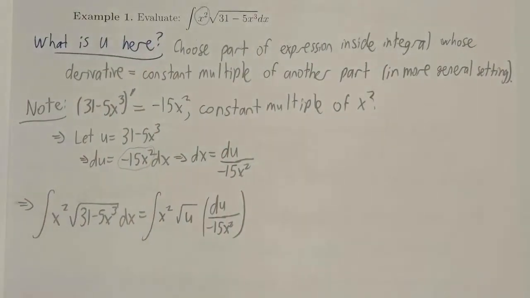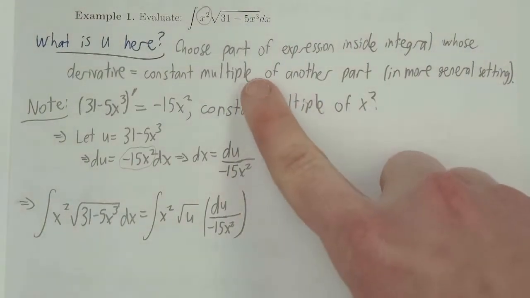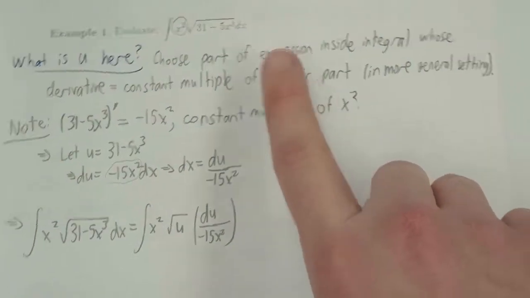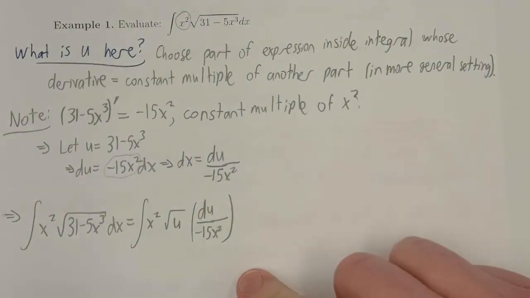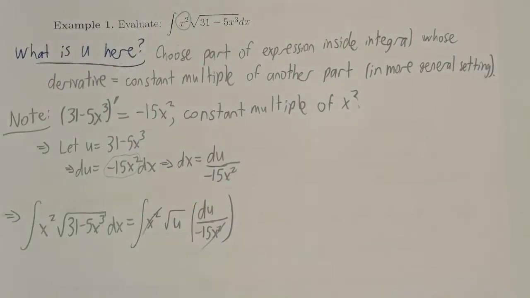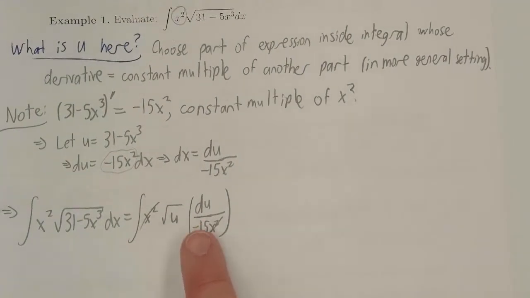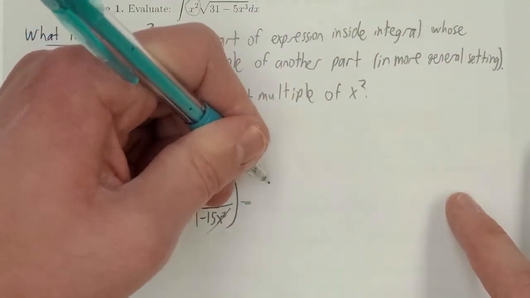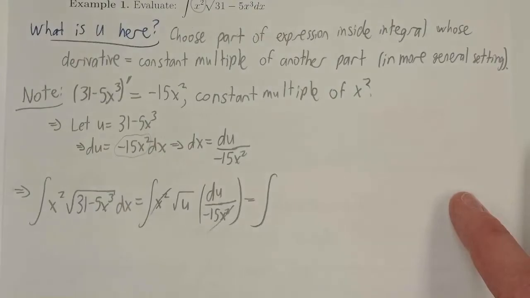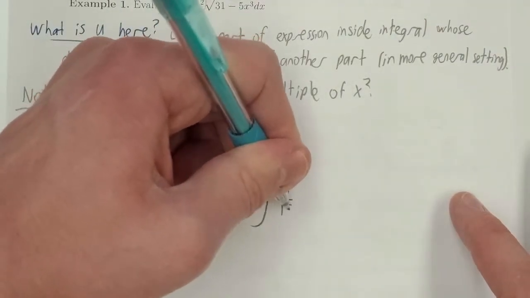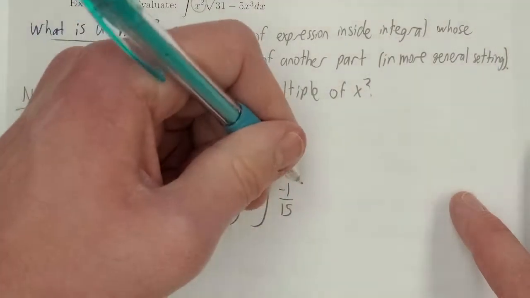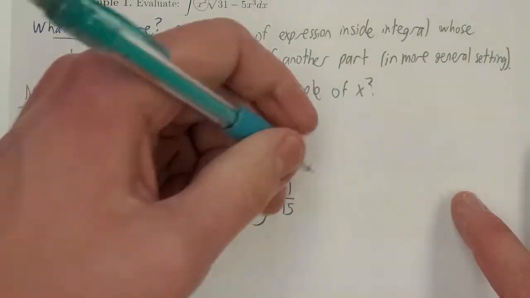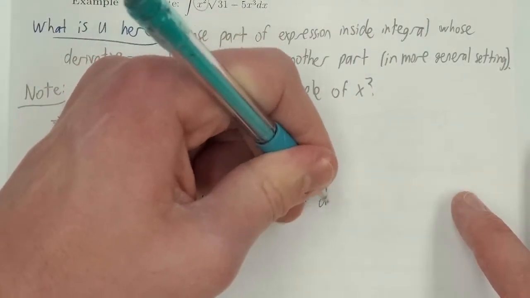Here's why this constant multiple is so important: these x squareds just go away, and you're left with some constants times something in terms of both u and du. To put this in a cleaner manner, we have negative 1 over 15 times the square root of u, or u to the 1/2, du.